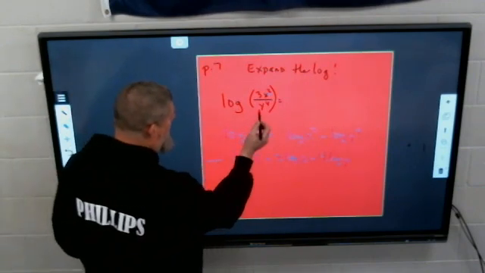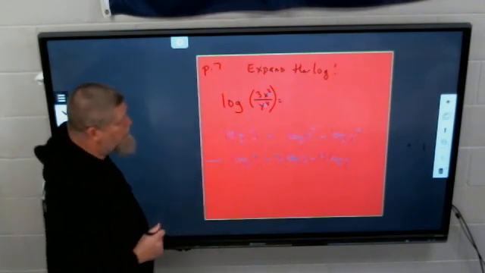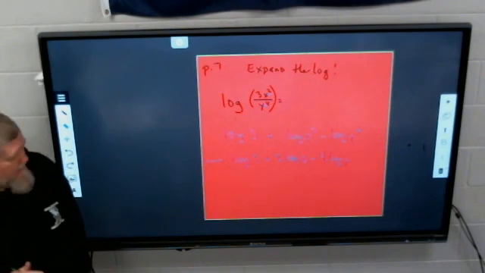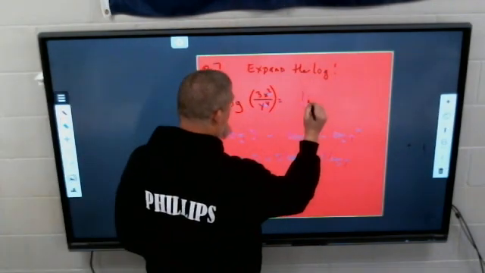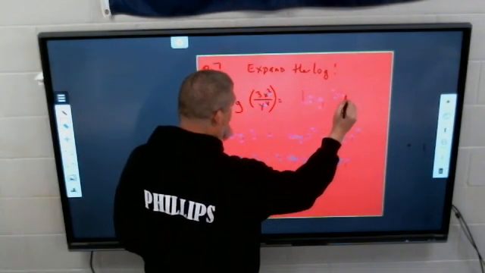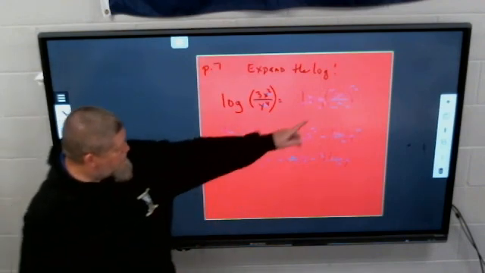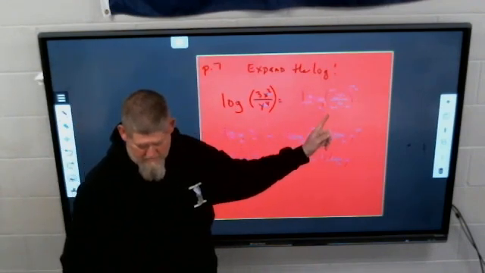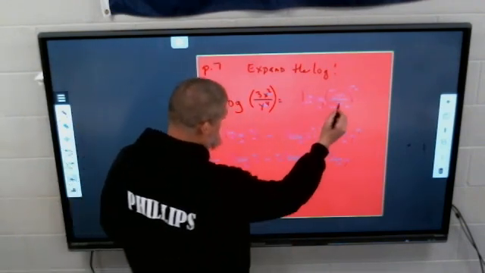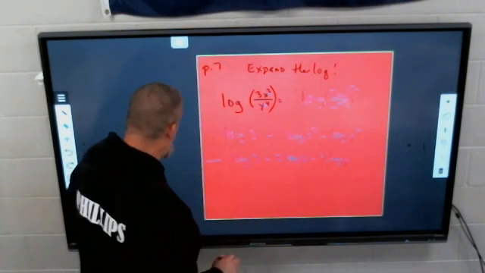The 4 goes only to the y, because that's what it's closest to. This is not the same as log of 3x over y squared. Those are 2 entirely different things, because this 2 would go to every single one inside.